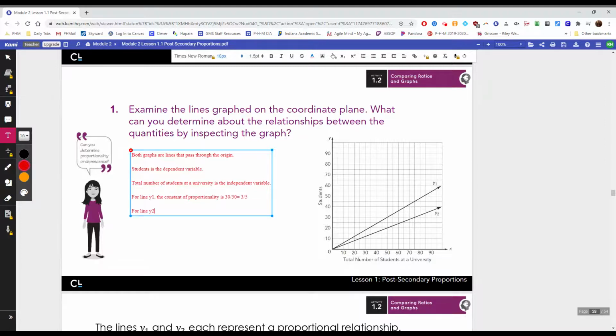For line y sub 2, let's see if we can find one of those lattice points somewhere. I see one right here, actually. So this would be 20 students, 50 total students. So 20 out of this group, and then 50 total students. So for line 2, the constant of proportionality is 20 over 50, which equals 2/5.